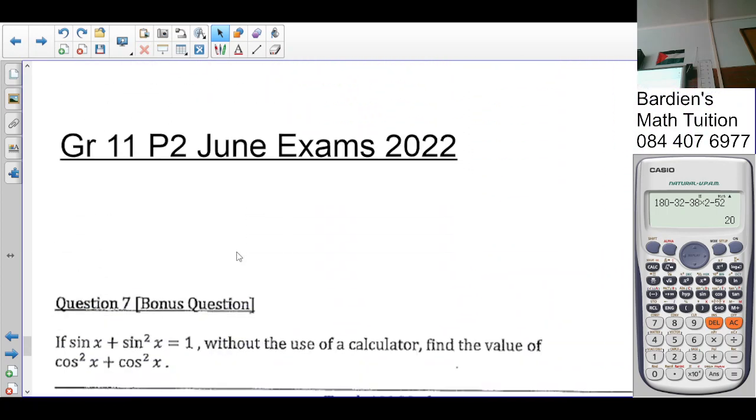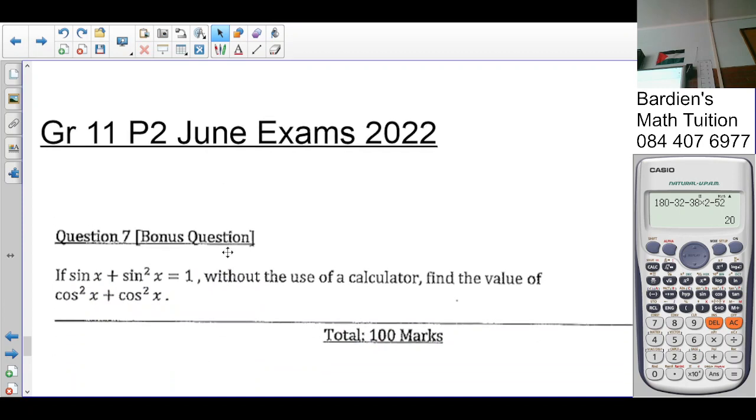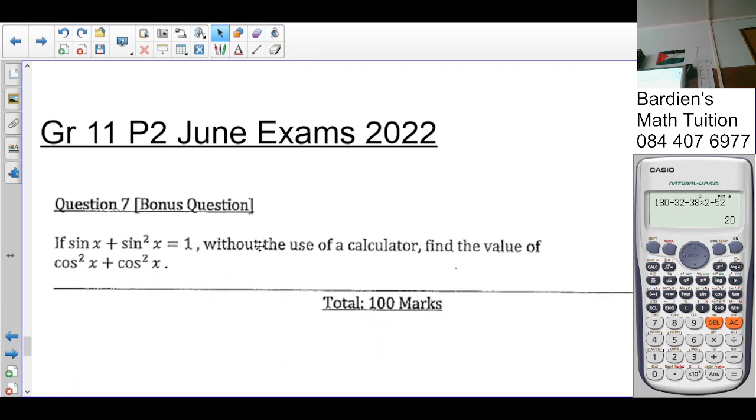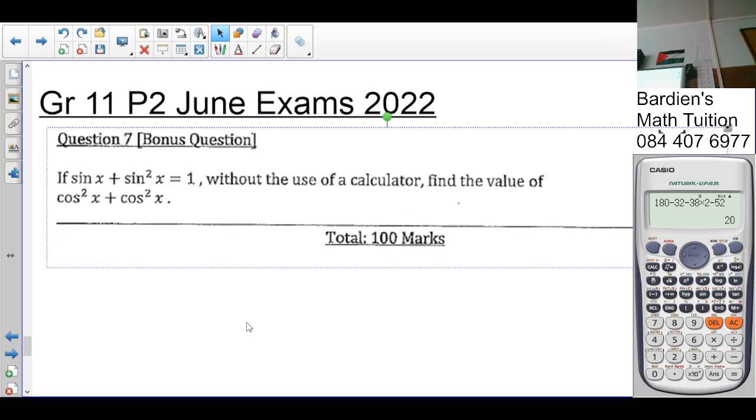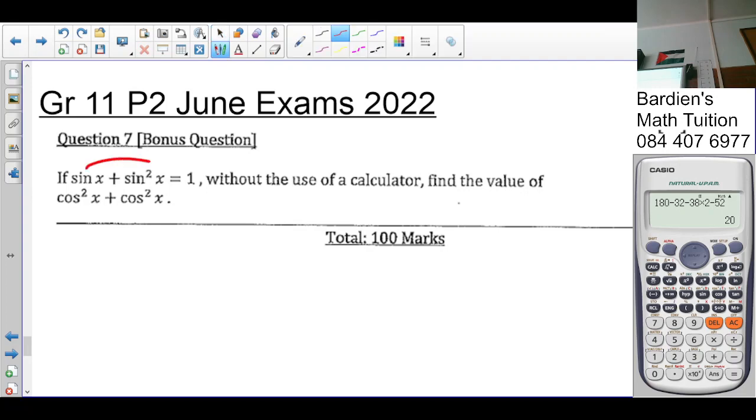The bonus question. I think I found 2 or 3 minutes. The bonus question here is sine x plus sine squared x is equal to 1. Basically what we did was we took that over.